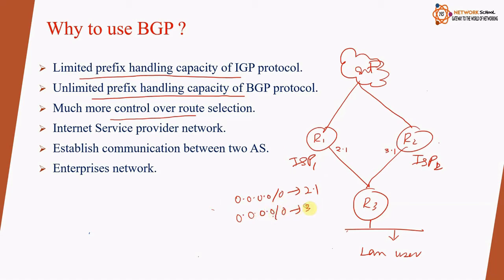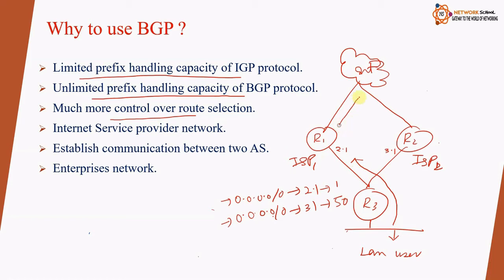The default AD value of the static route is always 1, and let's say for the second it is 50. It means first it will choose this route, second it will choose the other route. When the traffic initiates from the LAN, it will go to ISP1.